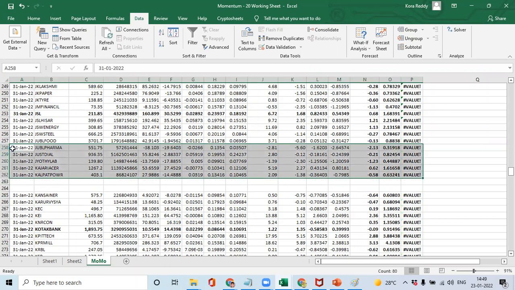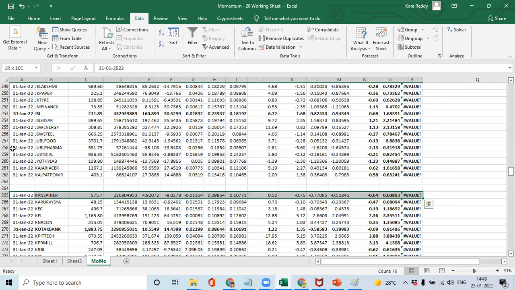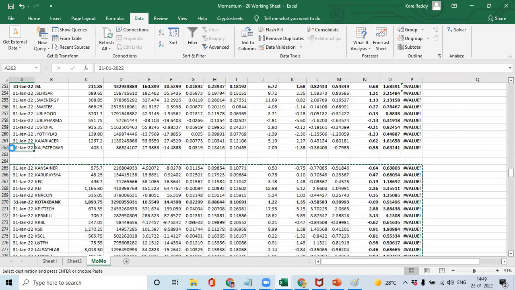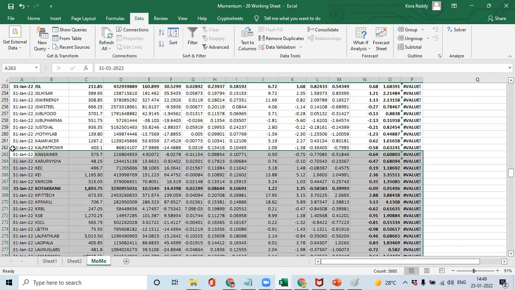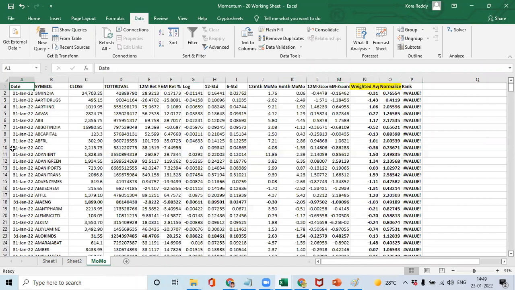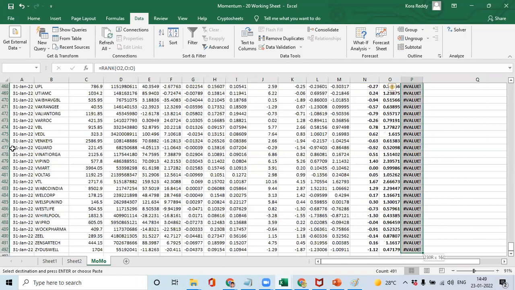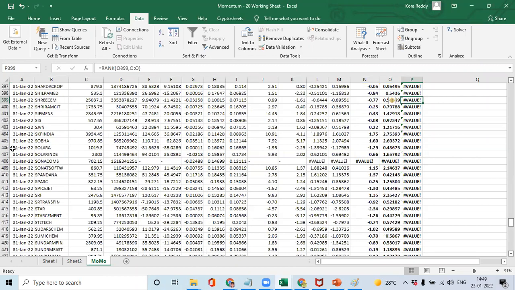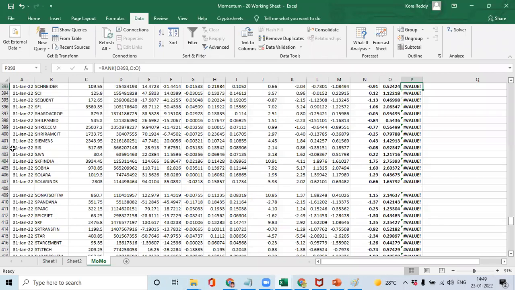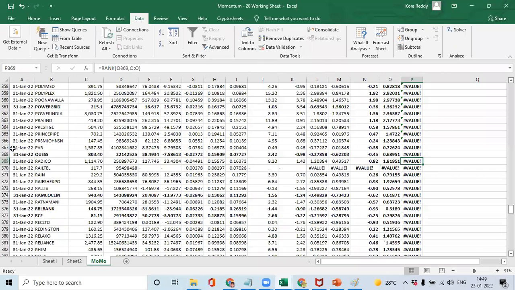Now, still some problem somewhere. What is that? Okay, this guy has a problem. Sona counts. Railtel doesn't have a 12 months history.